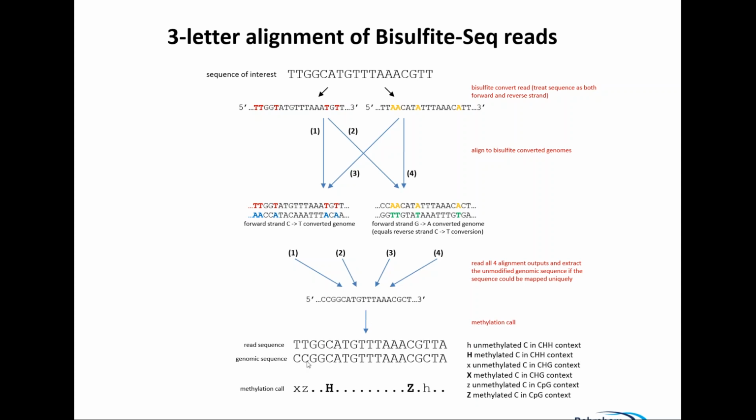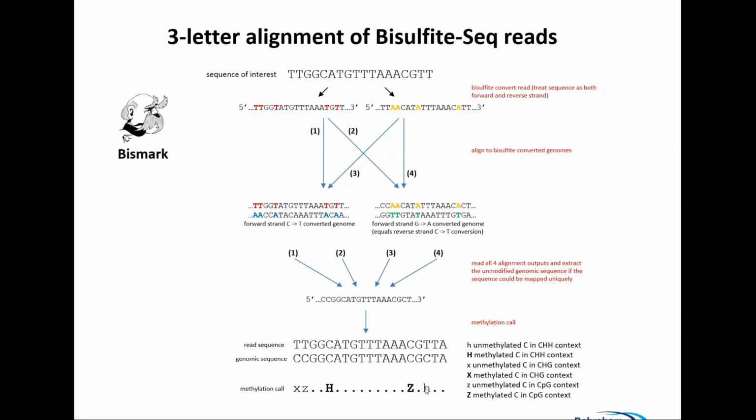Then we do the easy part. Then we extract the genomic sequence from that position, and then we do the methylation call and look up whether this was methylated or wasn't. And what we then are actually interested in is this so-called methylation call string, which is being output by Bismark. So that's the software we wrote to do this back in, I think, 2010.